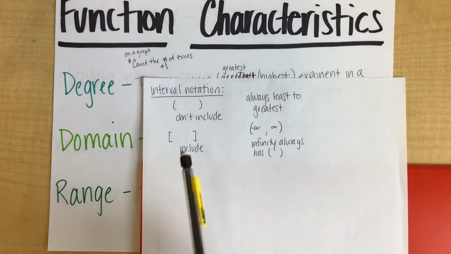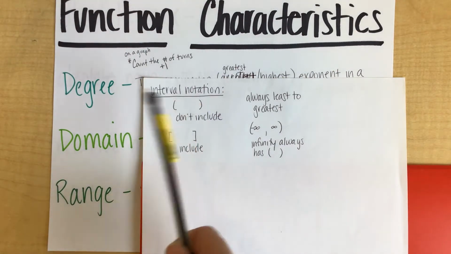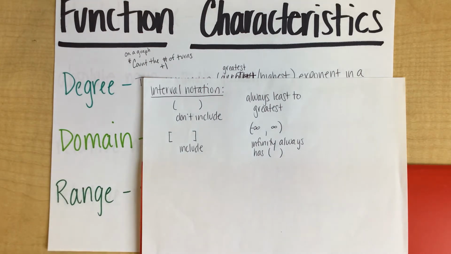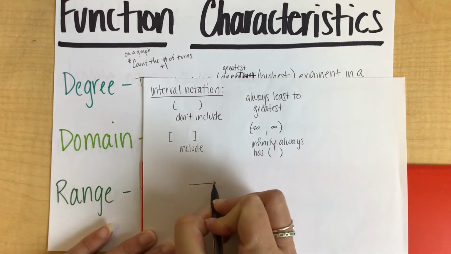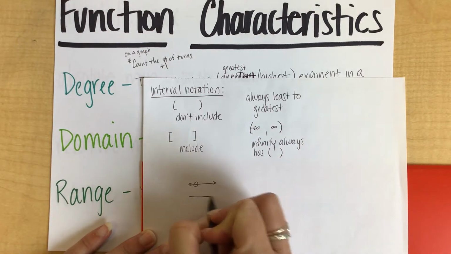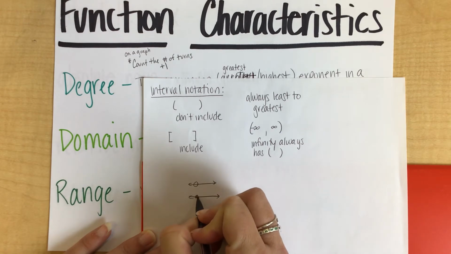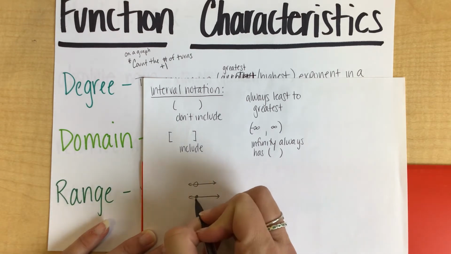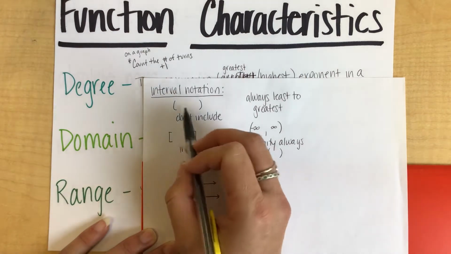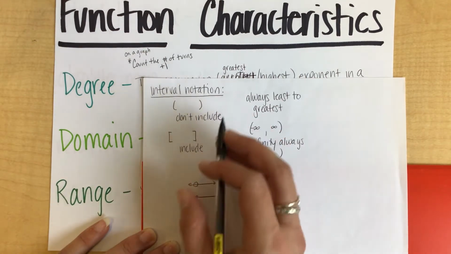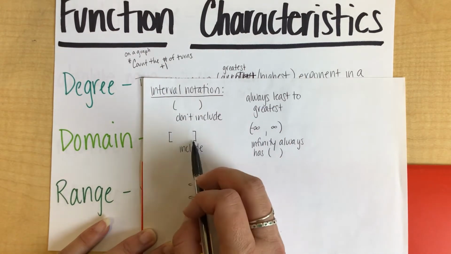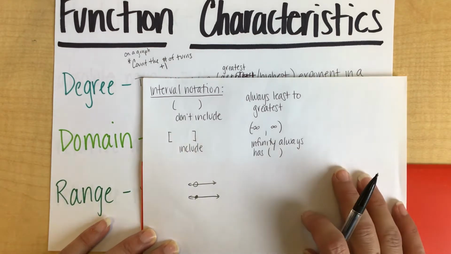So interval notation, when you use a parenthesis, that means you are not including the number that you're listing there. Okay, so for example, think about when you have a number line, right? And you had an open circle versus a closed circle. The open circle meant it was not included. The closed circle meant it is. Same thing here. So parentheses, and then when you have the brackets, that means that you are including it, okay?